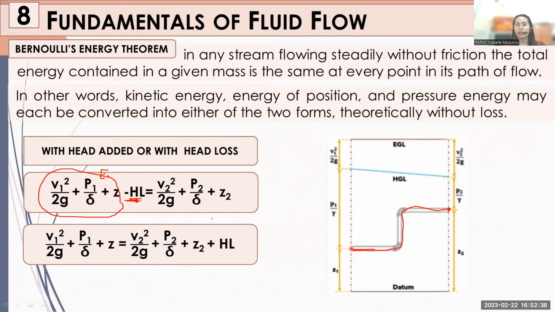Going back, head loss is the energy dissipated due to friction. So we have a negative head loss at point 1, because the rubbing of the fluid starts from point 1. That is why we have our head loss formula here, and it is minus because it reduces the energy. Okay, I hope I'm making sense. Okay?